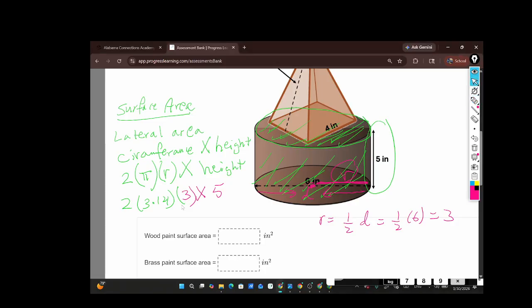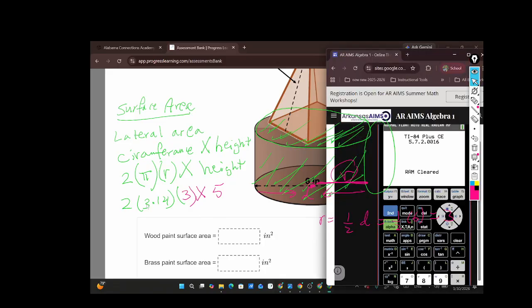To find the answer, we can use the calculator. We start with 2, multiply it by 3.14, then multiply it by 3, and then multiply it by 5.